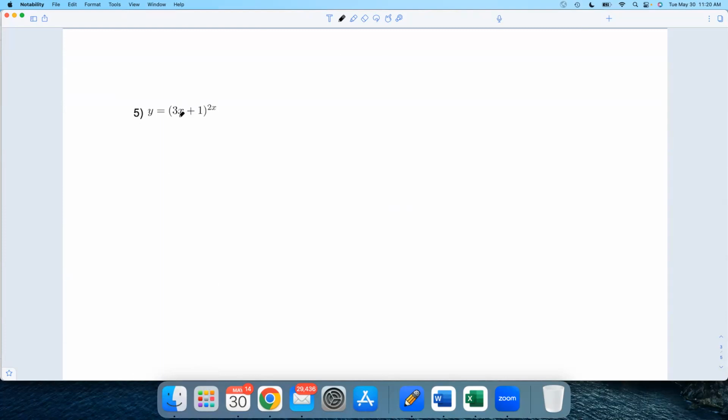Okay, here I've got x raised to a power of x. Anytime you've got an x being raised to a power of x, or more importantly, anytime you've got an x up here in the exponent, you're probably going to have to use logarithmic differentiation.